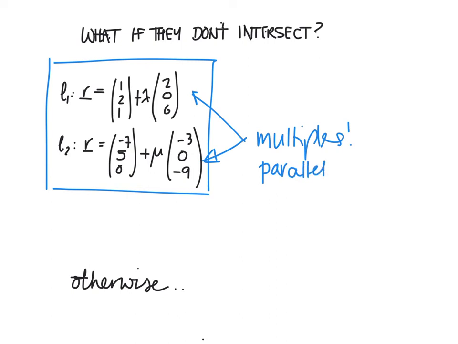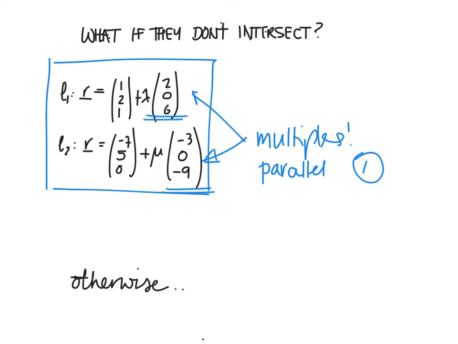Now, by definition, we know that parallel lines never cross. So if they don't intersect, if that previous technique falls apart when you go to check in the 3rd equation, one option is that your 2 lines are parallel. And you would show that by identifying that the direction vectors are indeed multiples of each other.